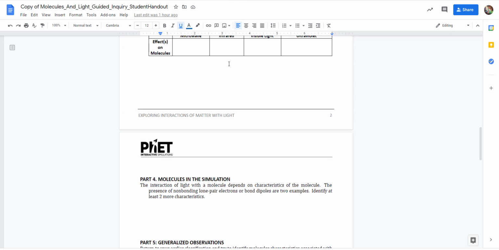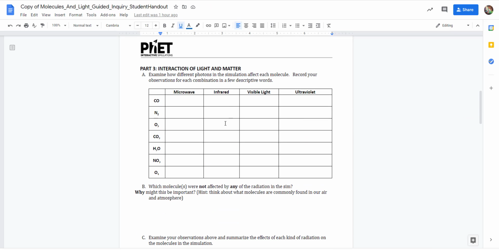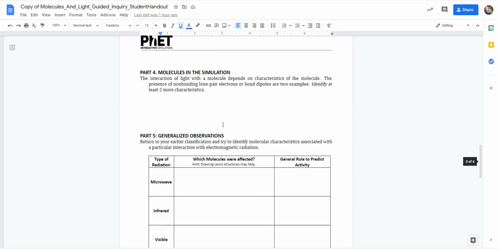and then going back to the reactions, see if you can figure out any common features, such as the angle or the number of bonds or the number of elements or the types of the elements, and see if you can figure out a couple of characteristics that may or may not impact how they interact with different types of radiation.